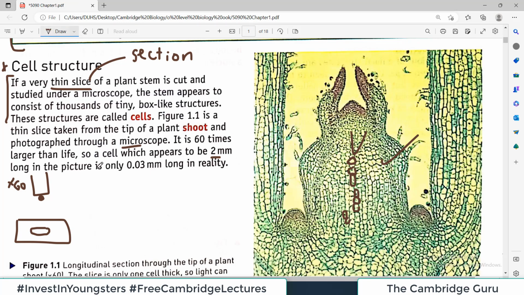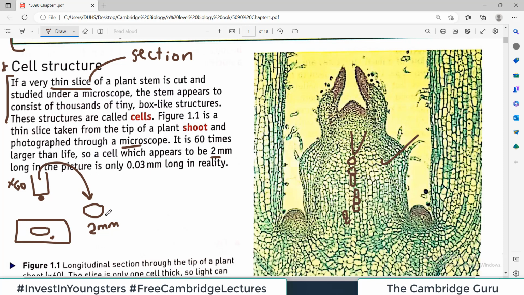So for example, here is a cell, a teeny weeny very small cell. You are not able to see this, but you're seeing this in a microscope, and when you see in the microscope you see a big cell, and now the size of the big cell is 2 millimeter. Now my question to you is, is this the real size of the cell? The answer is no. This is not the real size of the cell, because the real size is very small. This is the enlarged size.